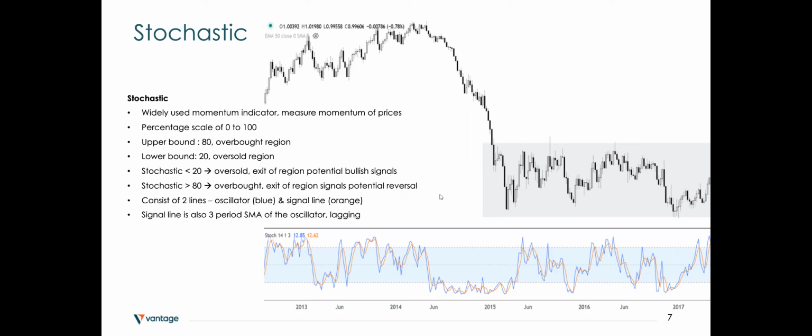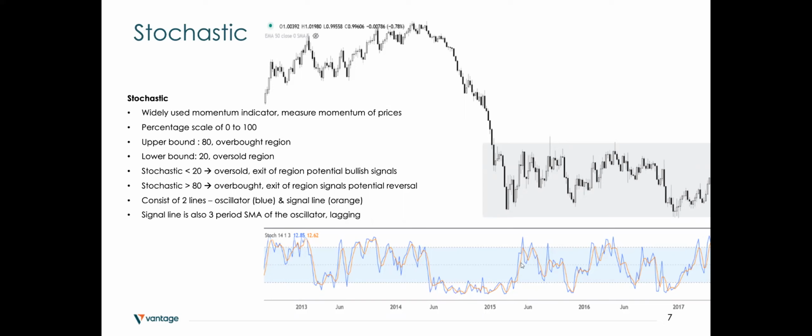Okay, just for those who are not familiar with the stochastics again, this is basically a price chart. Whenever there is a huge sell, your stochastic will tend to move towards the lower levels from 0 to 20, and this will be considered your oversold region.